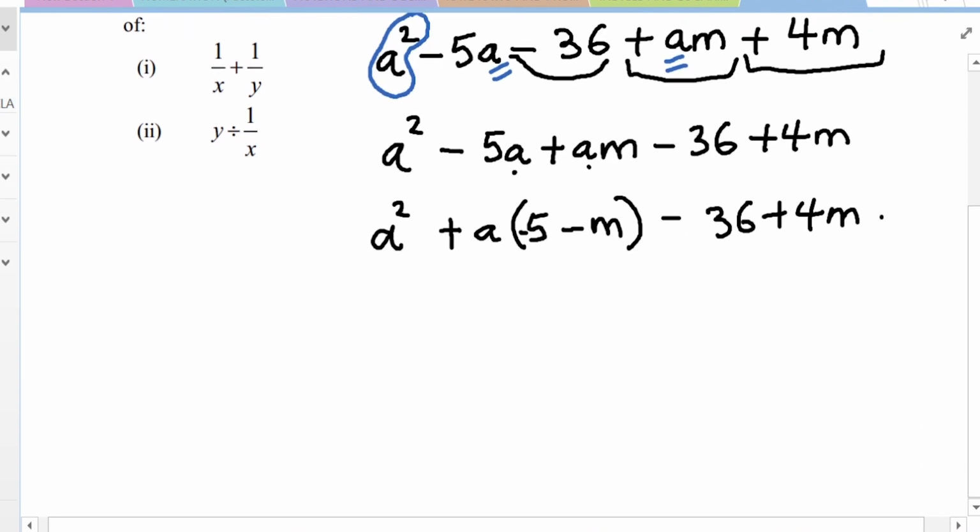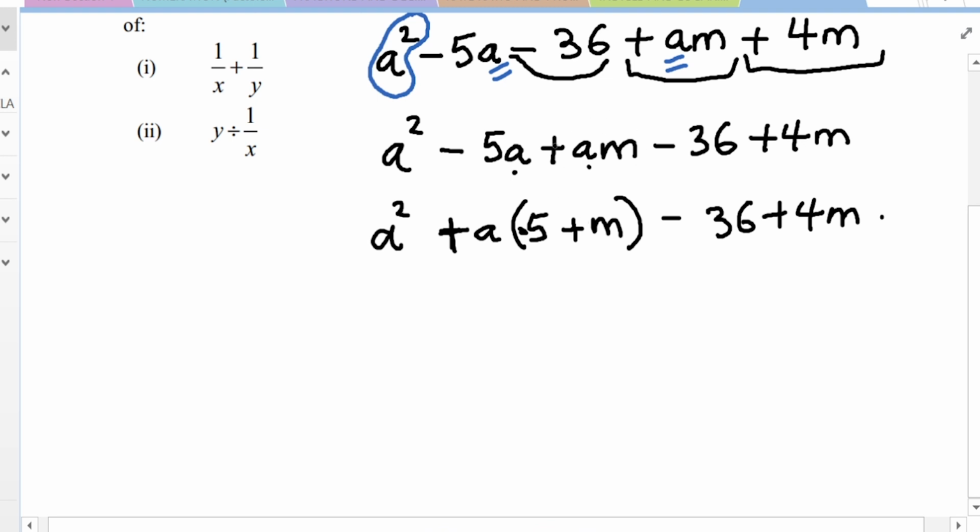Because I want you to note that when I open these brackets here, I end up with what was there before. I hope I've not lost you here. Like I factorized a outside the brackets, positive a. Then negative 5a, divide that by a, I ended up with negative 5.